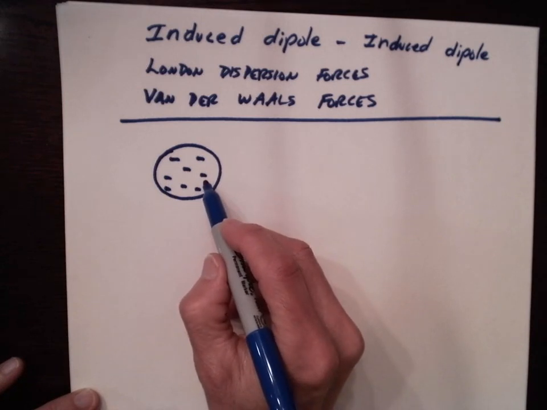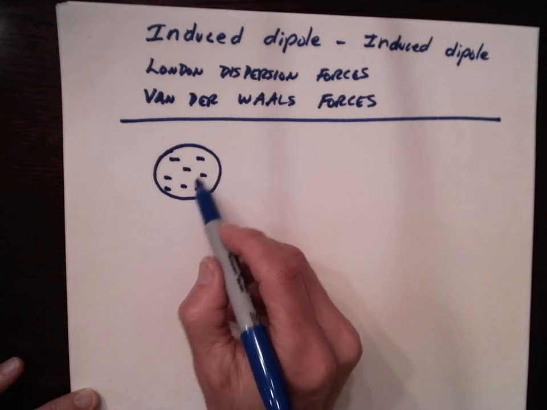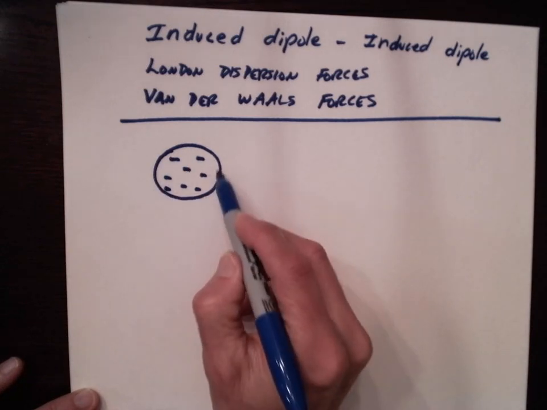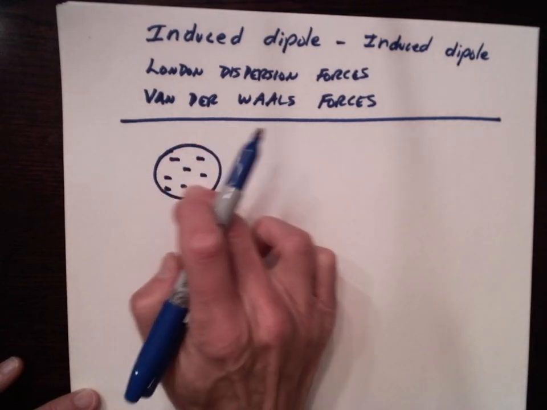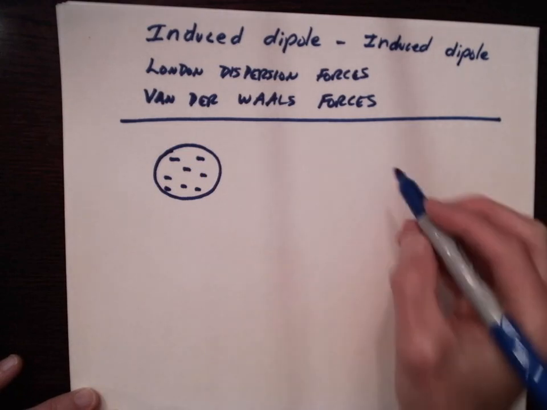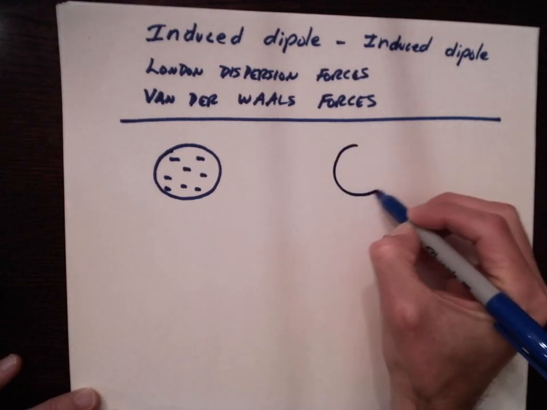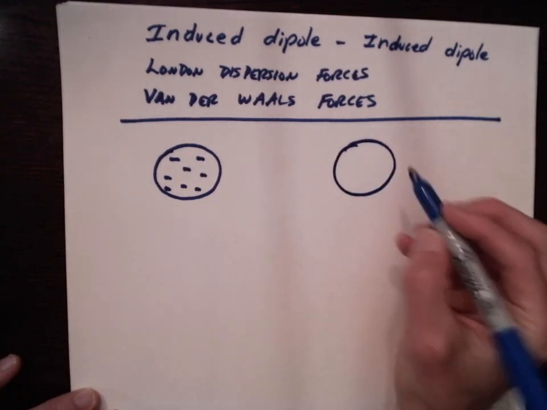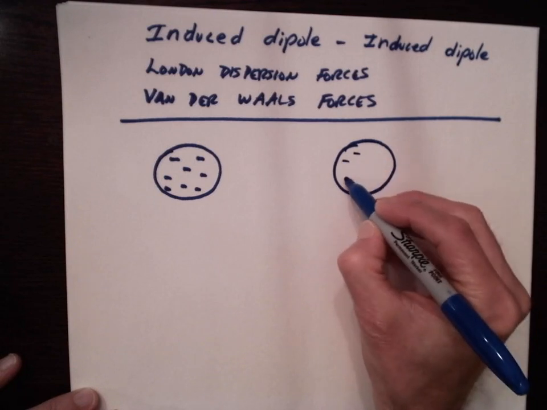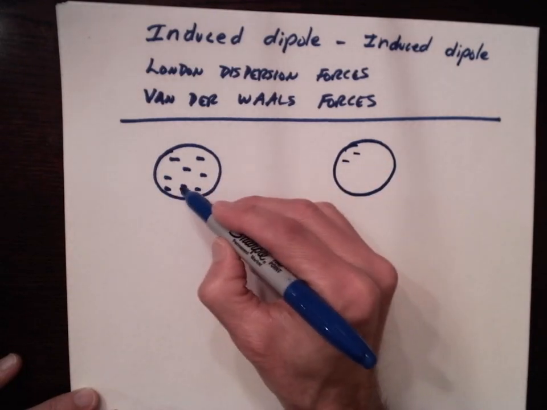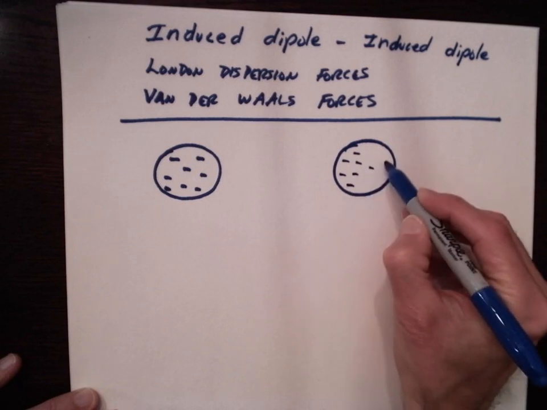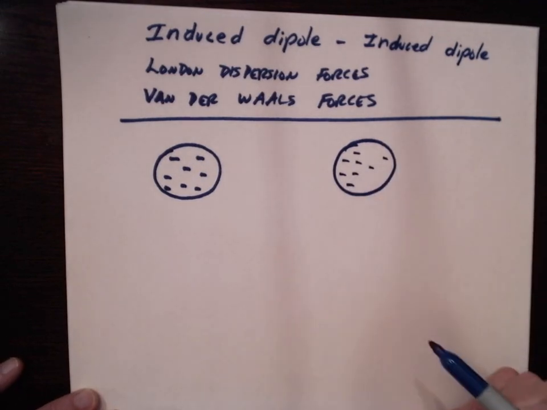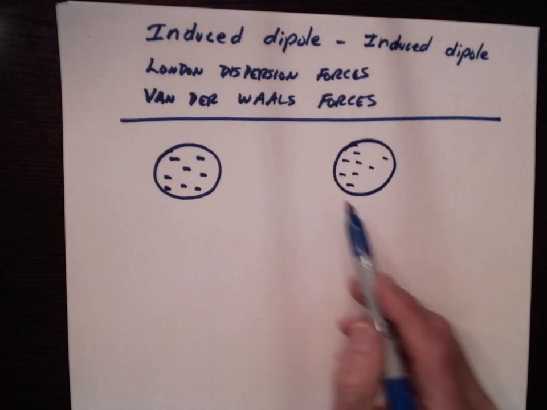However, there is a chance or a likelihood that these electrons are not distributed evenly around the molecular orbital. So I could have drawn things like this, based on random fluctuations. It might be the case, 1, 2, 3, 4, 5, 6, 7, 8. It might be the case that the electron distribution is more like this.